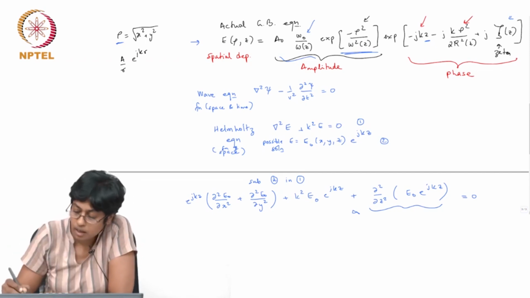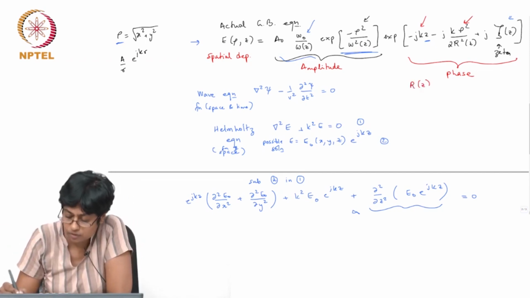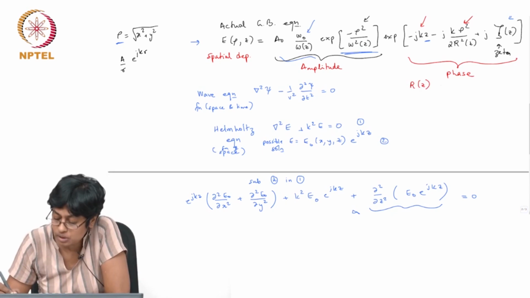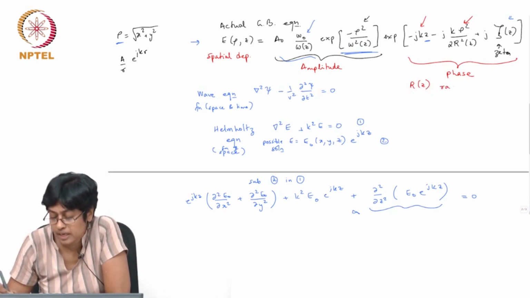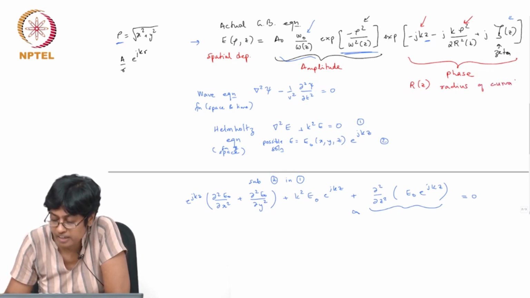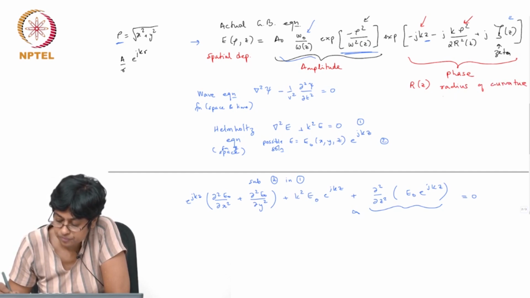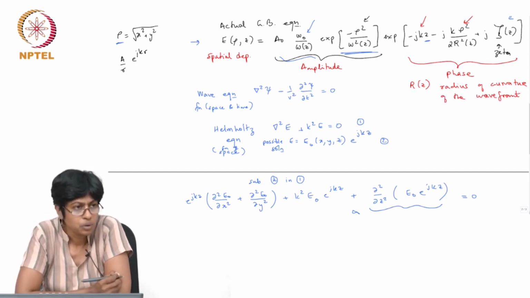So R, capital R of z relates to the radius of curvature of the wave front. What do we mean?